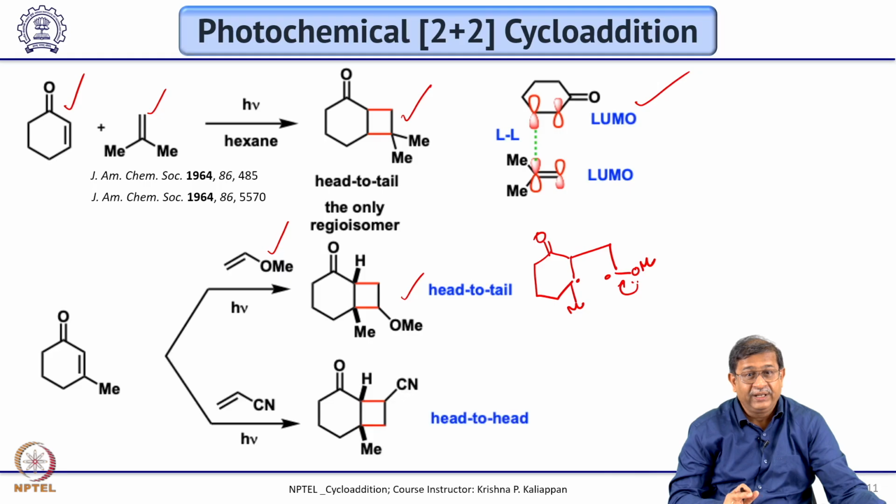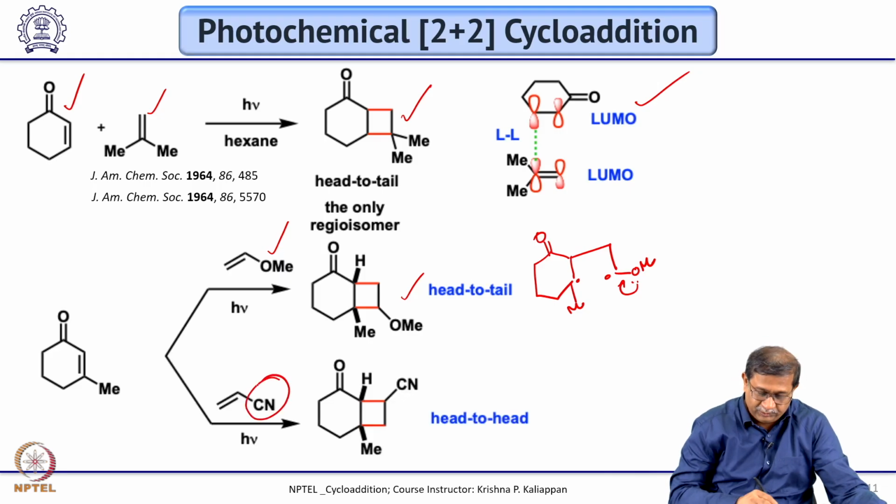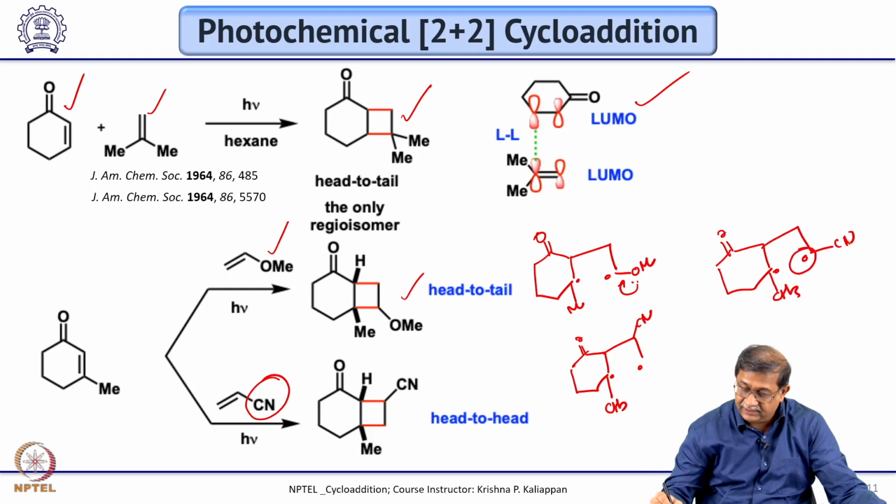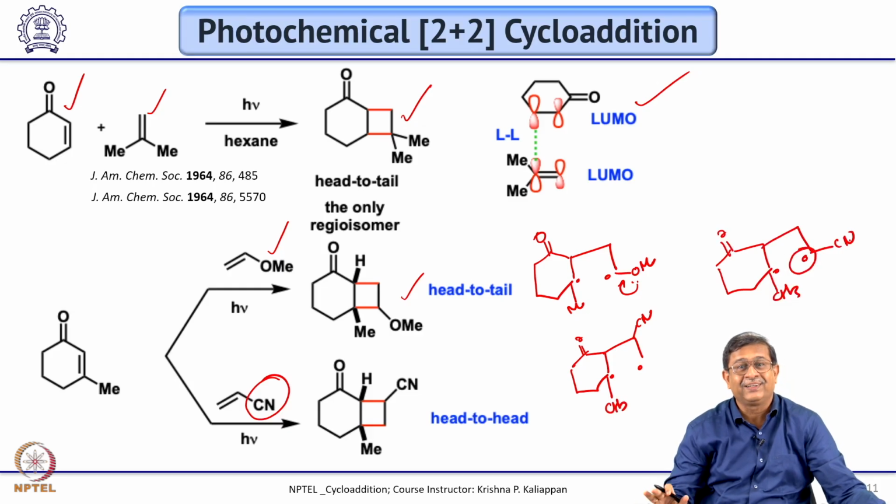Whereas, if you take acrylonitrile, the cyanide is an electron withdrawing group. So, then this will prefer to go via this radical, because if you see this radical is next to the electron withdrawing cyanide.